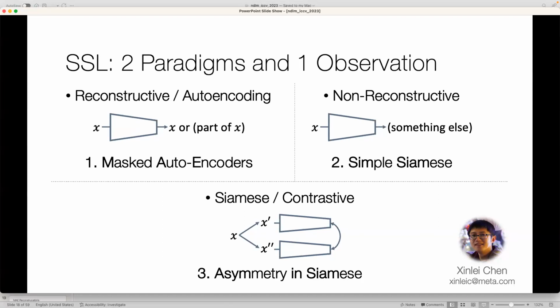I do want to point out that it's not the absolute variance that matters in our observation. It's the relative variance that matters. So the source variance should be relatively higher than the target variance.